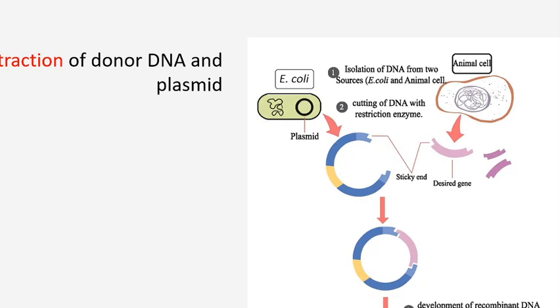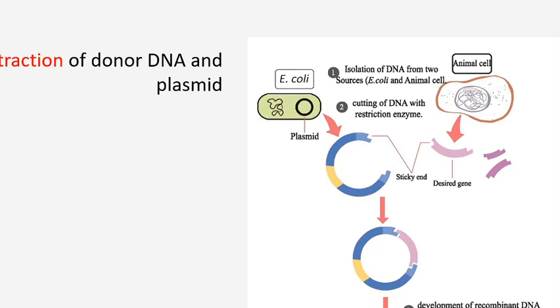We collect a somatic cell from a human, and it has a nucleus, and inside the nucleus it has the 2-meter long DNA, which contains approximately 30,000 genes, but we don't need all of them. We only need the insulin gene.